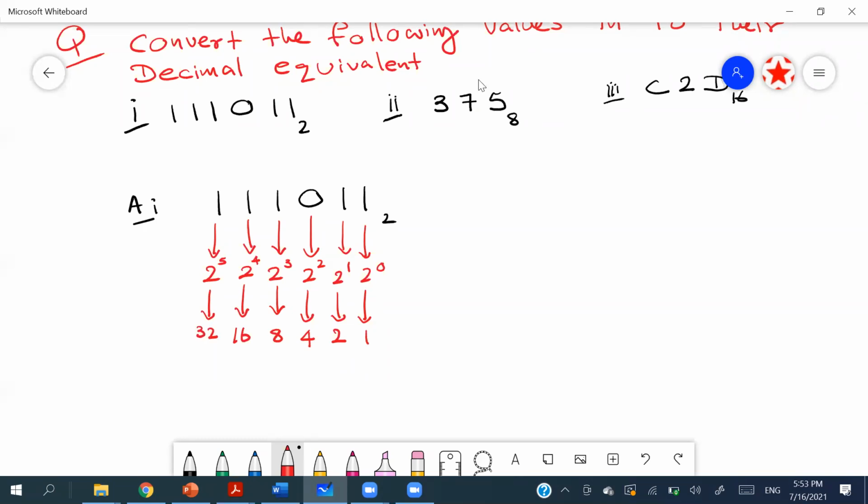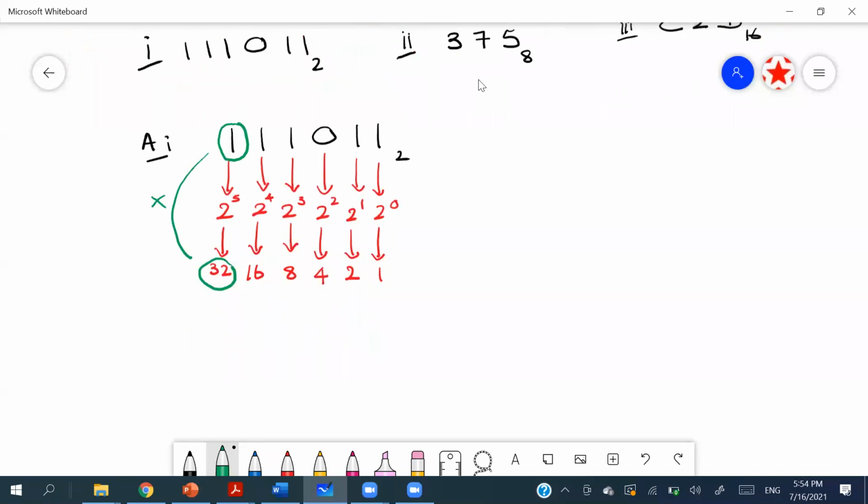So now what we are going to do is consider the place value and the corresponding symbol value, and we are going to multiply those, right? So the answer is going to be generated like 32 into 1 plus 16 into 1 plus 8 into 1 plus 4 into 0.